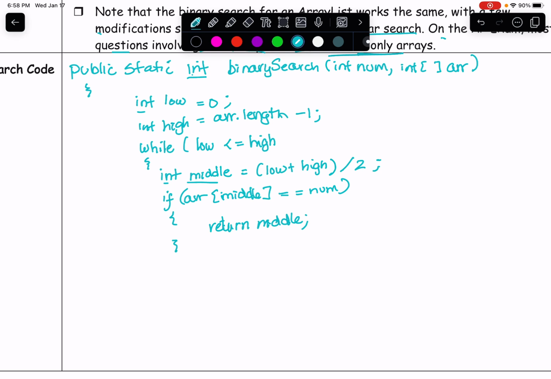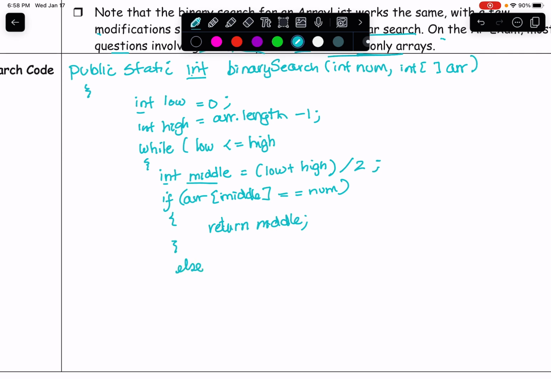If it's not, we're going to see if it's greater than num. If ARR of middle is greater than num, so we have to change high to be middle minus 1. That means that it was, let's see, it's easier if I put like, if I have 2, 5, 7, 9.